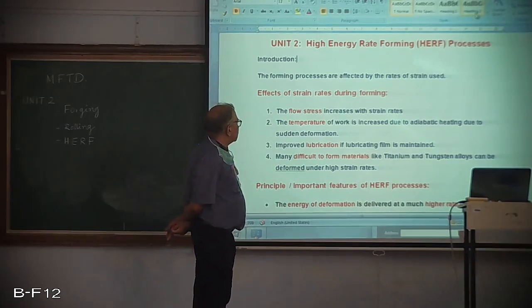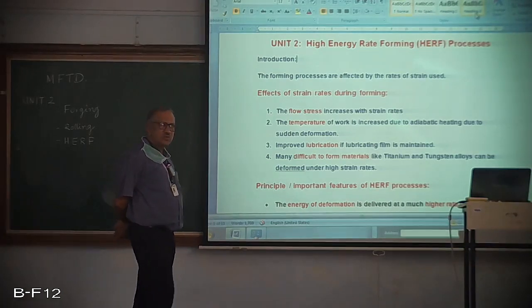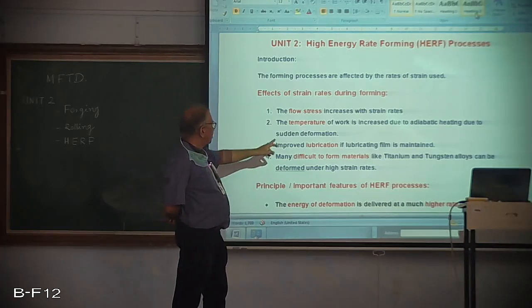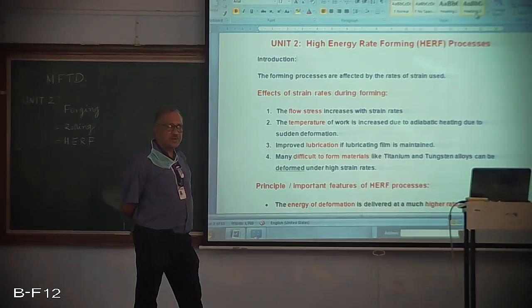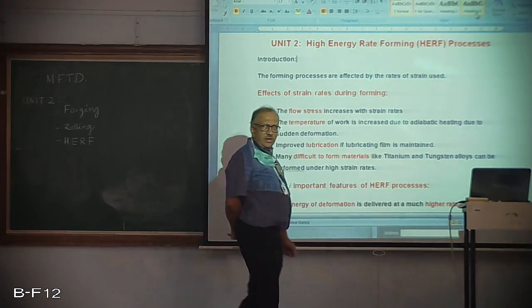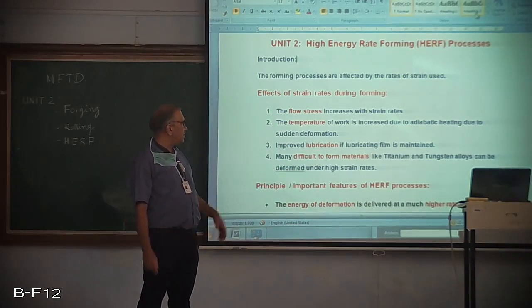Now, the rate of strain has a very vital effect. The first is the flow stress increases with strain rate, and also because of high rates of strain, the temperature is increased due to adiabatic heating. A quick and rapid deformation will produce adiabatic heating.